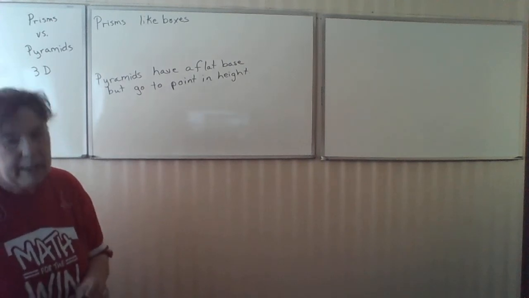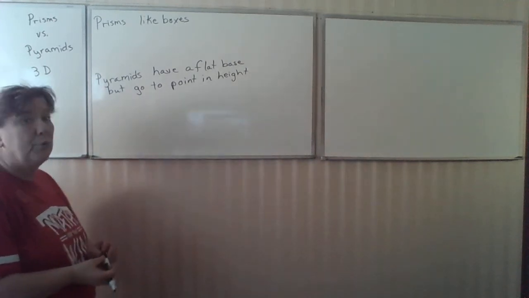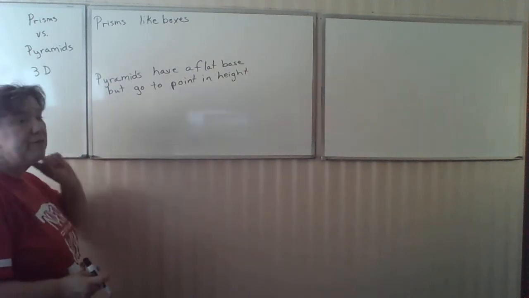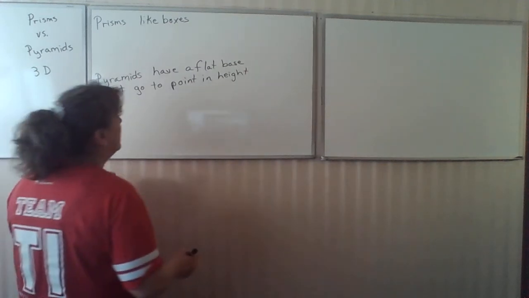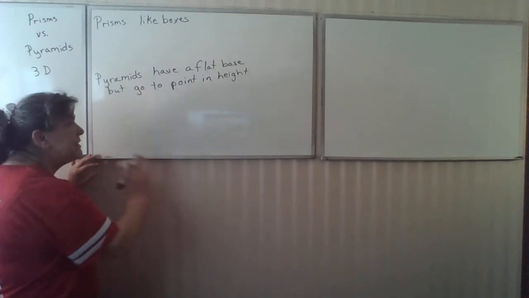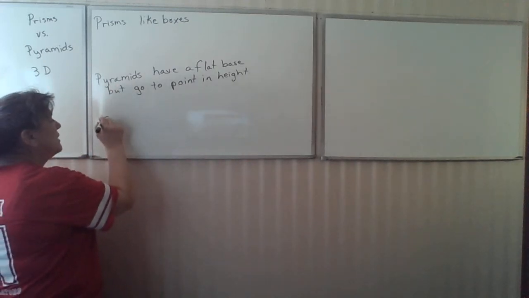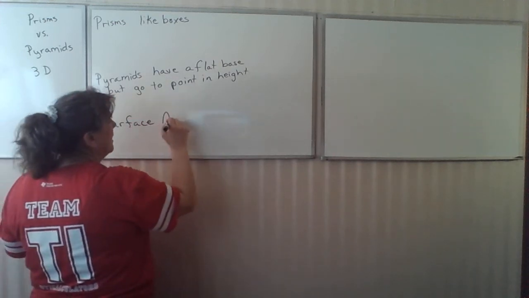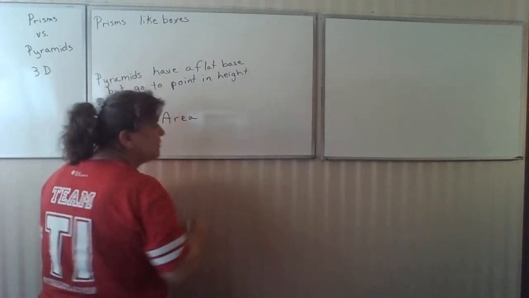Okay? Now, we talked about perimeter when we talked about 2 dimensions. When we move into 3 dimensions, now perimeter, which is your distance around, becomes surface area because it's not just one line. Now it is a surface.